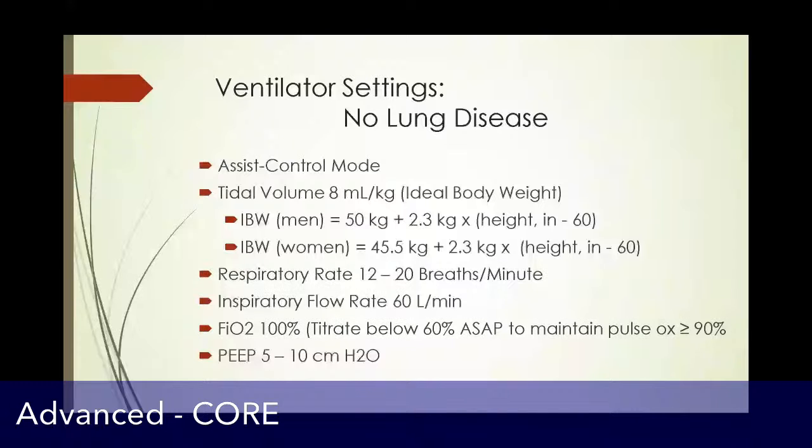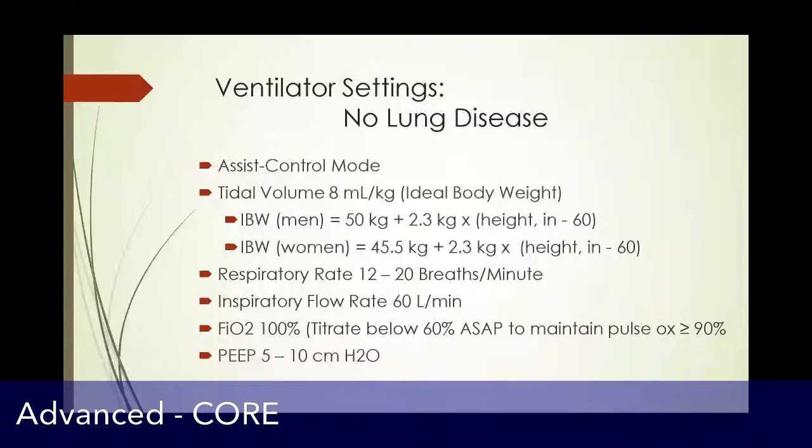Normal inspiratory flow rate is 60 liters a minute. Again, you're going to start the FiO2 at 100% and titrate down as long as you're maintaining a pulse ox greater than 90 or 92%. Try to get your FiO2 below 60%. And you're going to want a PEEP of at least 5 to 10 centimeters of water.